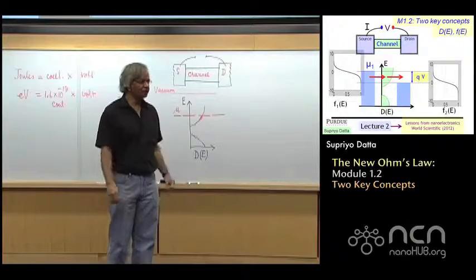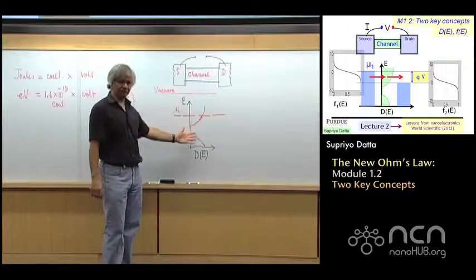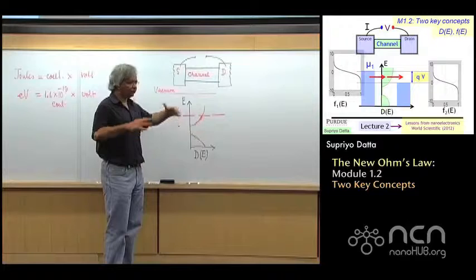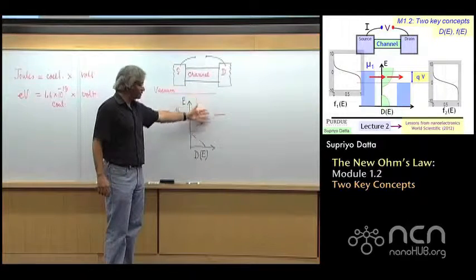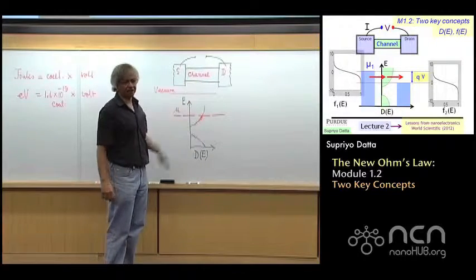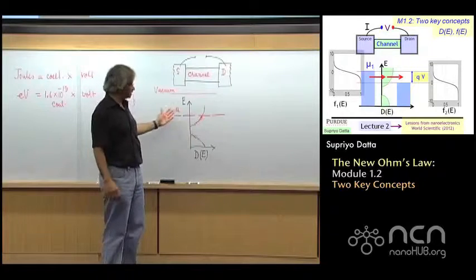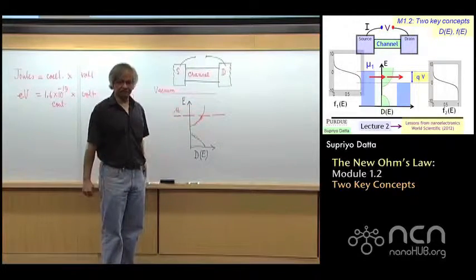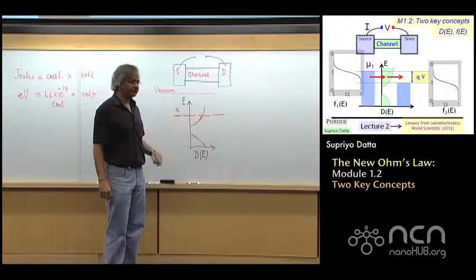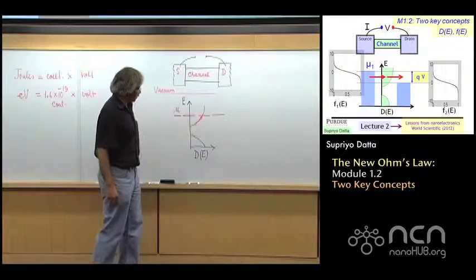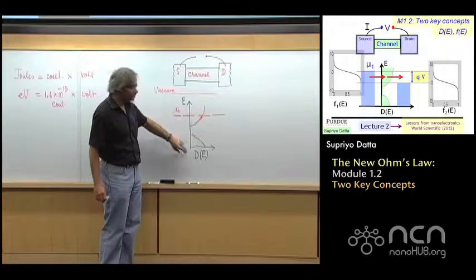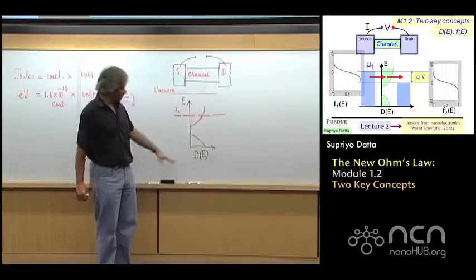In this course, we really won't be talking about the models very much. We'll assume that from various sources, we know what the density of states is for this channel. And then the question is, how do I calculate the current flow? How do I estimate the resistance, etc.? So that's the first concept I wanted to get across, the idea of a density of states.